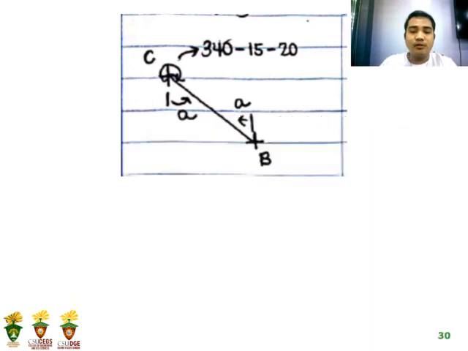Alright, so since nakuha naman nato ang interior angles of the triangle and also the azimuth of C to A and A to B, so next thing that we should do is to get the coordinates of C and A, given the coordinates of B. So first thing is to get this alpha.